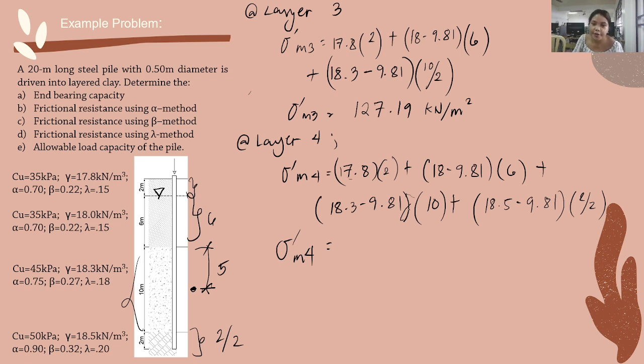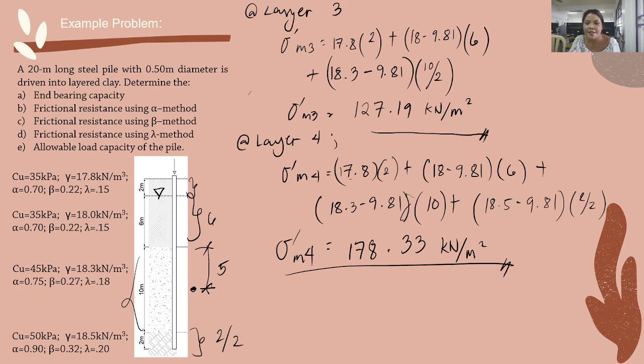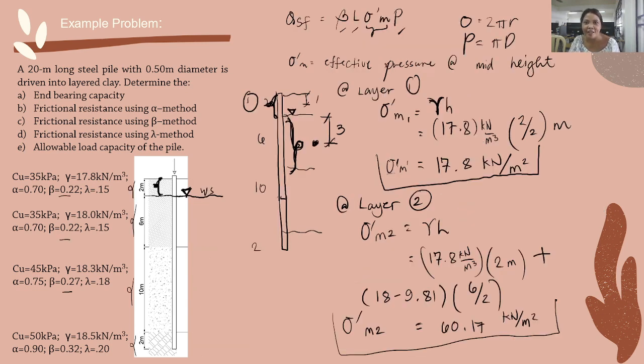Okay, so the last one or the last effective pressure na na-compute natin is 178.33 kilonewton per m squared. Pero hindi naman yun yung final answers natin kasi this is just a part of the formula na i-compute natin sa BL lump or BL sigma P.